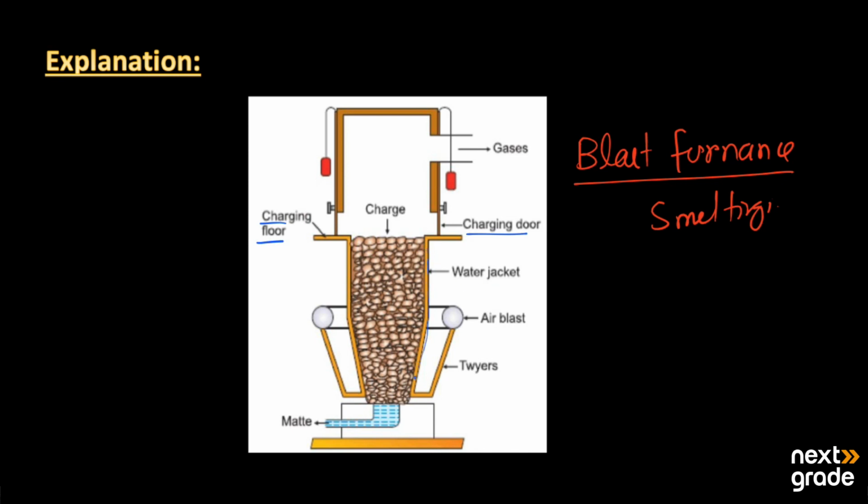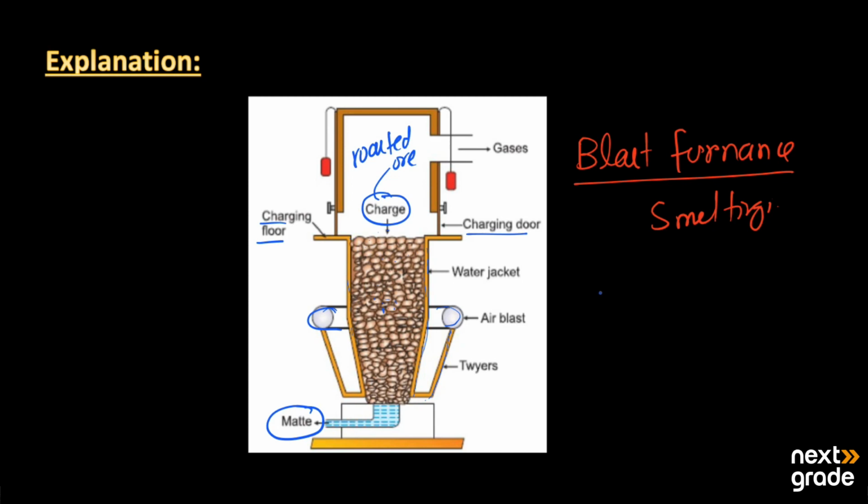This is the water jacket, and here we put all the charge, which is the concentrated ore or the roasted ore. Now what happens when we have the air blast from both sides, moving towards the center? All the process happens here, and we gain the matte or the slag from the bottom, and from the top we gain the simple product.